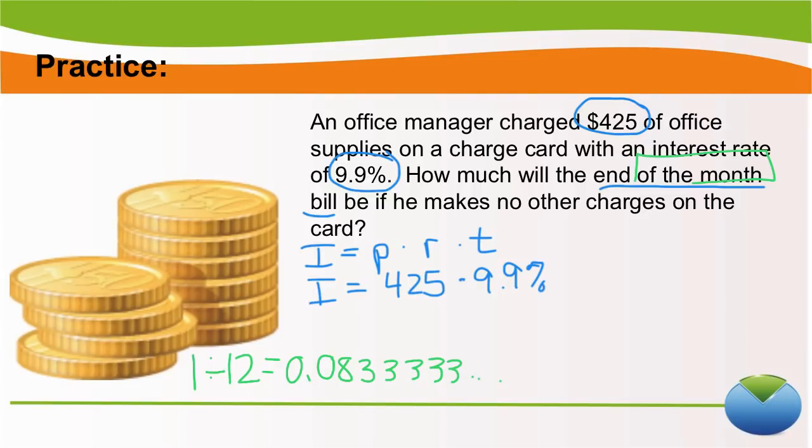You and I are going to make an agreement right now that any time we ask for 1 month, we're going to use the decimal 0.08. All right, so let's go back up to our formula.